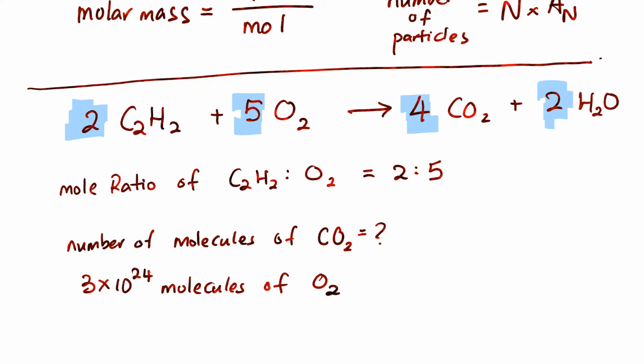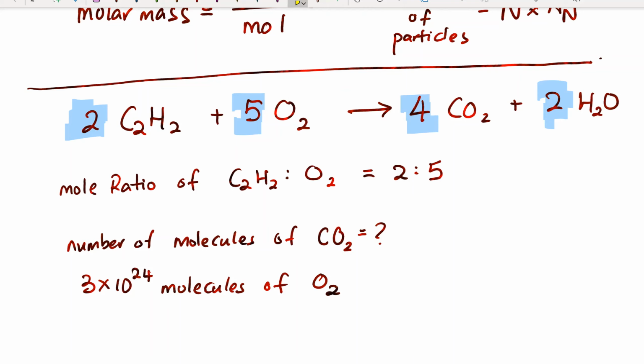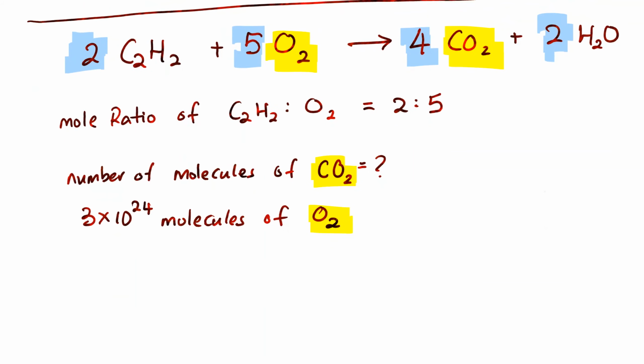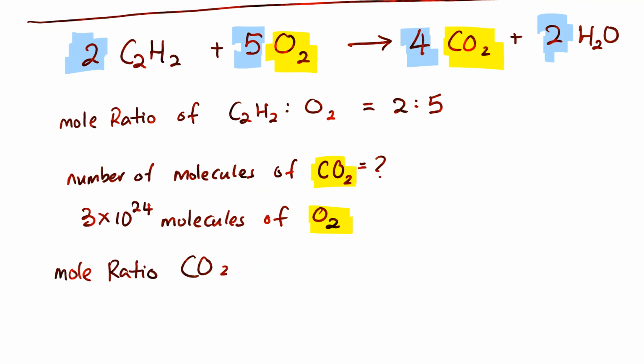First, you box out the chemicals that are of your focus. You want to focus on CO2 and O2. So the first thing you do is write the mole ratio of CO2 and O2. CO2 is 4 and O2 is 5, so the ratio is 4 over 5.